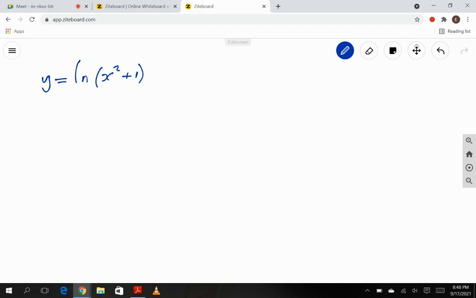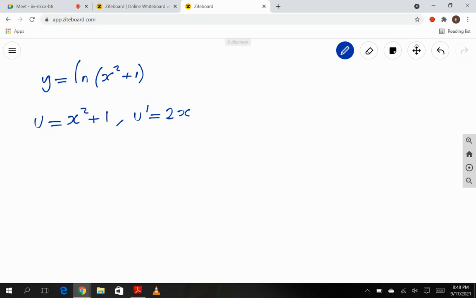Okay, now that's the question again. So how do you go about it? Remember, always define your u. So let's define our u. Our u is x squared plus 1. Then what's our u prime? Our u prime is going to be 2x. That one becomes a 0, isn't it? So we don't really get to think about it.